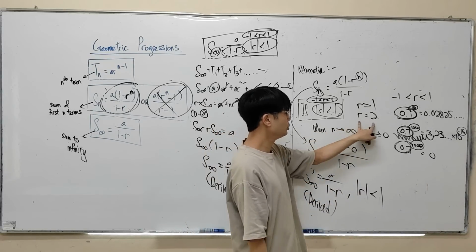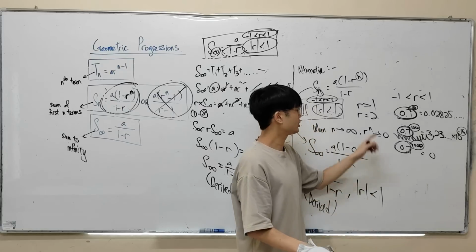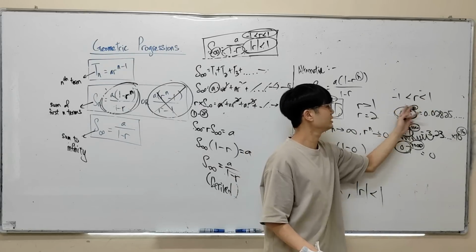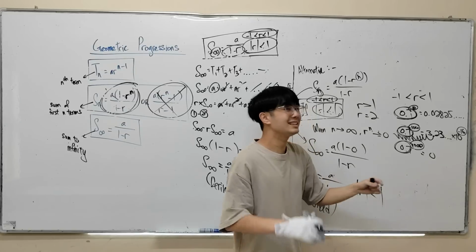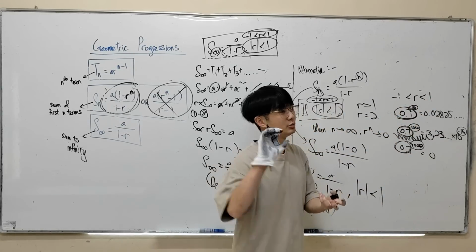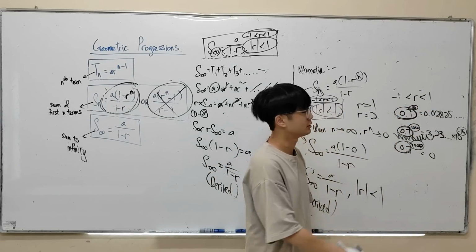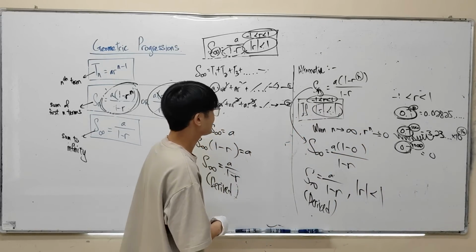Because if your r is 2, when you increase the power, it will not approach 0, because it's not within this range. Your answer will only approach 0 when your r is in between negative 1 and 1 and you increase the power. So I hope my explanation is clear enough for you to understand.